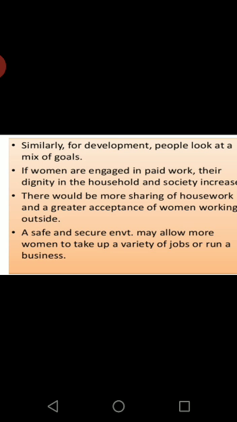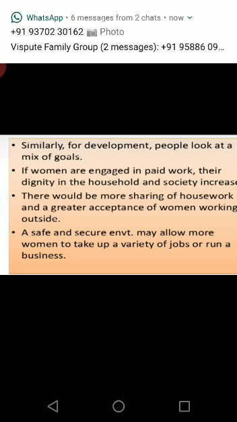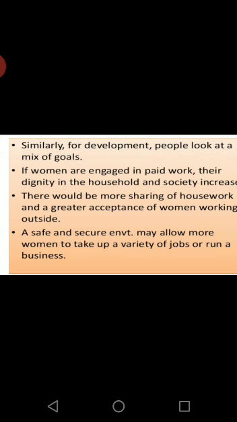Development is also a kind of mixed goals. It means people at the same time may demand two to three different things, which may or may not be possible together. Here they have given you the example of a woman.